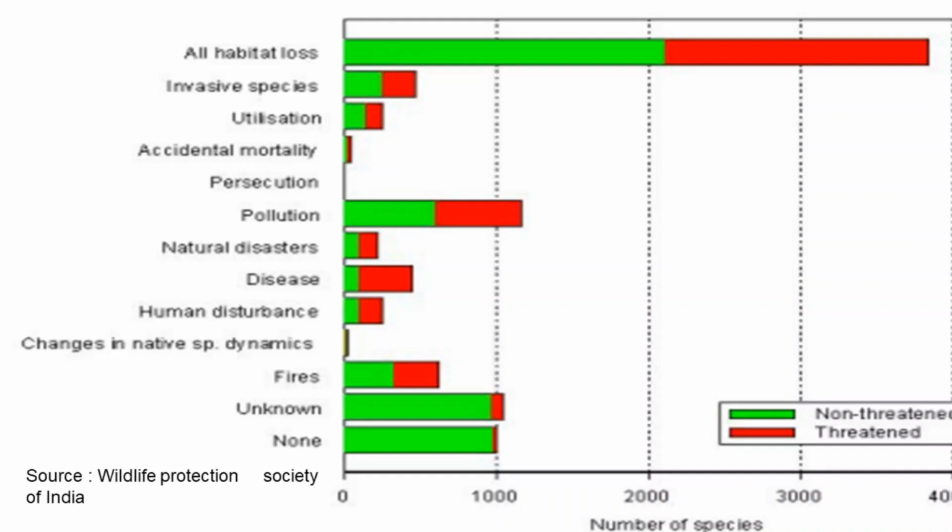Pollution, both of them are equal. Natural disasters almost equal. Diseases, threatened species are having more disease when compared to non-threatened species. Human disturbance almost equal. Changes in native species dynamics not much. Fires almost similar. Unknown reasons, it is more of non-threatened species when compared to threatened species.